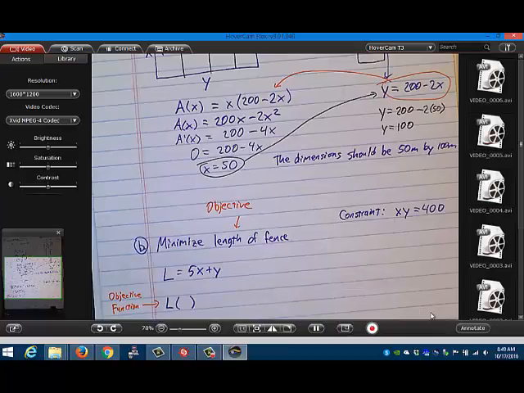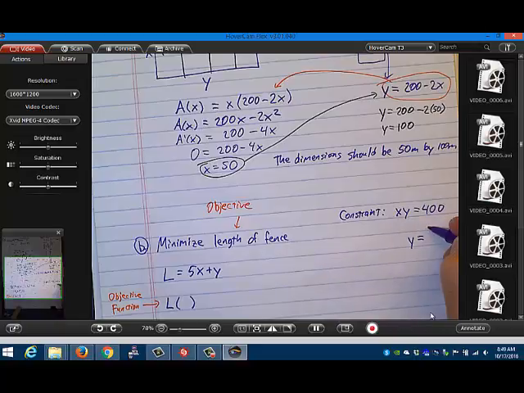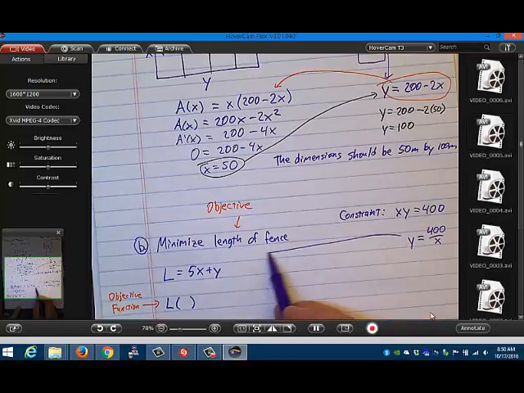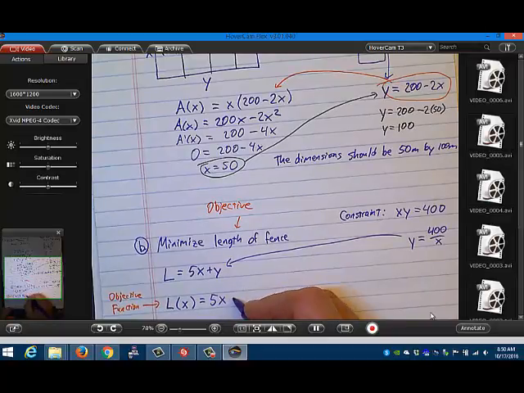So what can I write? I can write y equals what? Okay, 400 over x. And so now what I do is I substitute that y in here. And so now I have a single function of x, right? Which then I'll be able to take the derivative. You guys with me? So I'm going to write L of x is equal to 5x plus what?